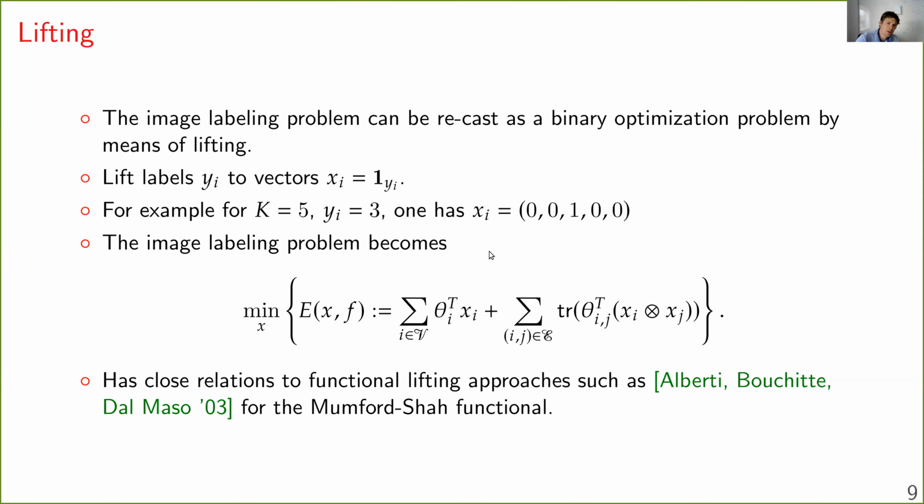So with this, we can equivalently reformulate our optimization problem with this energy here. So you see now it's a linear objective between the parameter vector and this binary vector. And here it is an outer product between 2 binary vectors of neighboring pixels. And you have to multiply it with the matrix that encodes the cost, and you consider the trace.